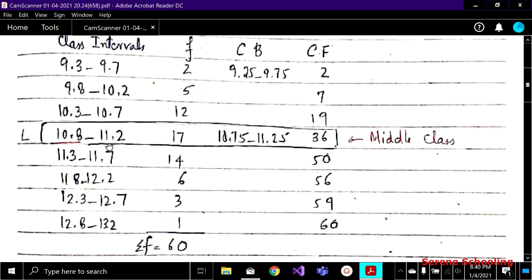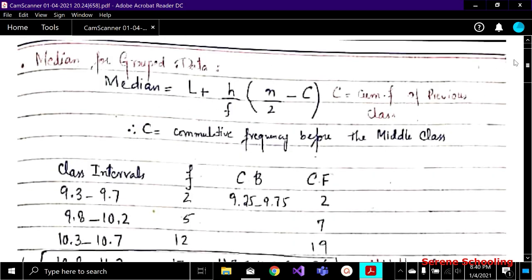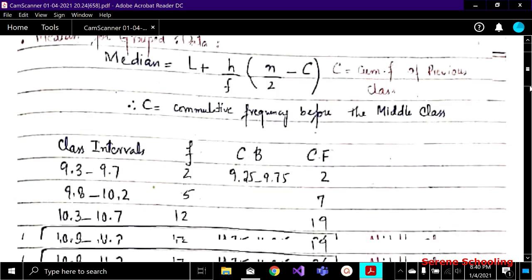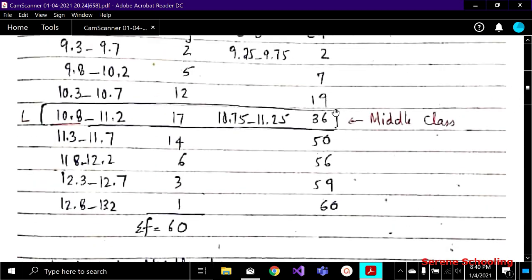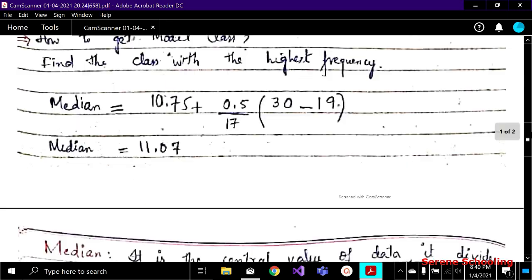But for the formula we need the boundary. So this is my lower class boundary, and this is my cumulative frequency of this class. But for the formula, C means the cumulative frequency before the middle class, so I'm not going to use this 36, I'm going to use 19. This is the requirement of the formula.